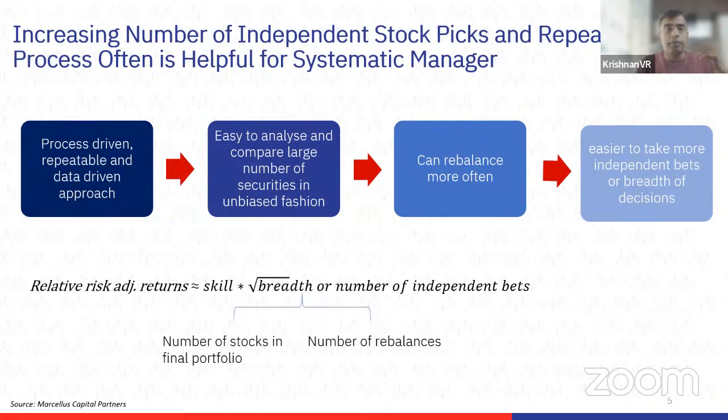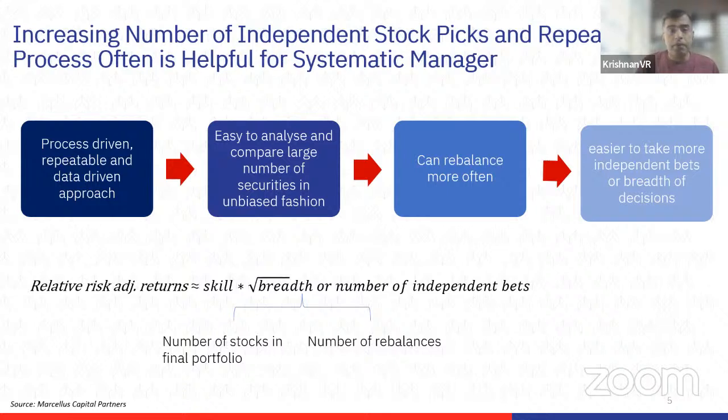Whereas with the quant strategies we are talking about, these rules, you might not have that flexibility to change your position sizing or your style depending on the market conditions. So we'll touch upon this later on, but just to give that small allowance which discretionary managers also enjoy with respect to quant strategies.